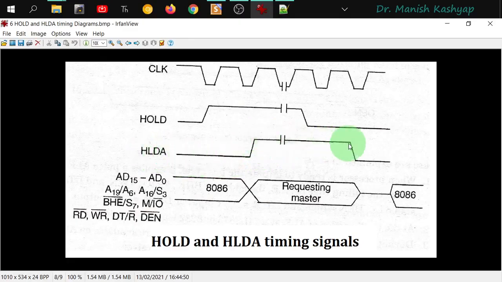So this HLDA will be made high, and earlier 8086 was having the control of address bus, data bus, etc. So you can see that in this stage 8086 had the control, but when this hold request has been acknowledged, then at that time the requesting master, the external device which has requested the control, is called the requesting master. The control is given to that. When it finishes its task, then the control is given back to the 8086 microprocessor.